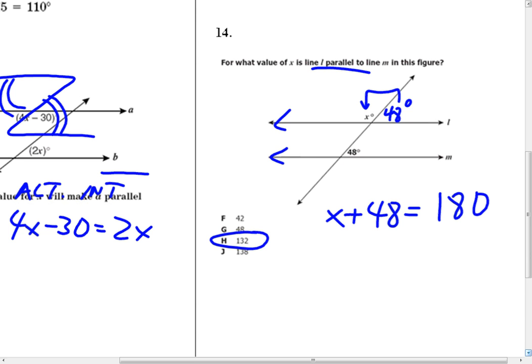Linear pair. So I could jump from here to here using corresponding, and then I could jump from here to here with linear pair. Or you could just think to yourself, it's a parallel line situation. Either things are equal or they add up to 180. Are those pretty easy?